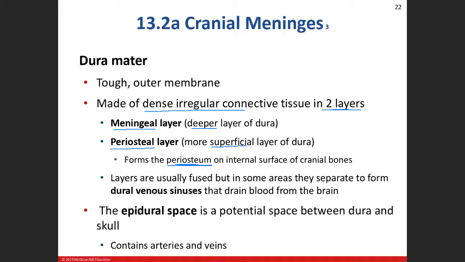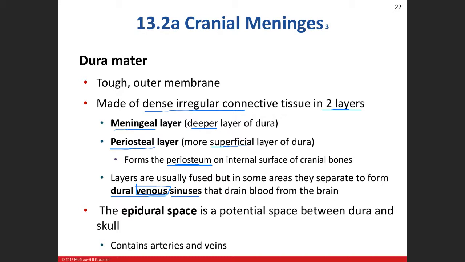But in certain areas, they separate and they create a space. Just like spaces inside your bones, we call those sinuses. So the spaces inside of the dura, we call those dural venous spaces. The reason we call them venous spaces is because your deoxygenated blood, the venous blood, drains into those spaces from the brain.